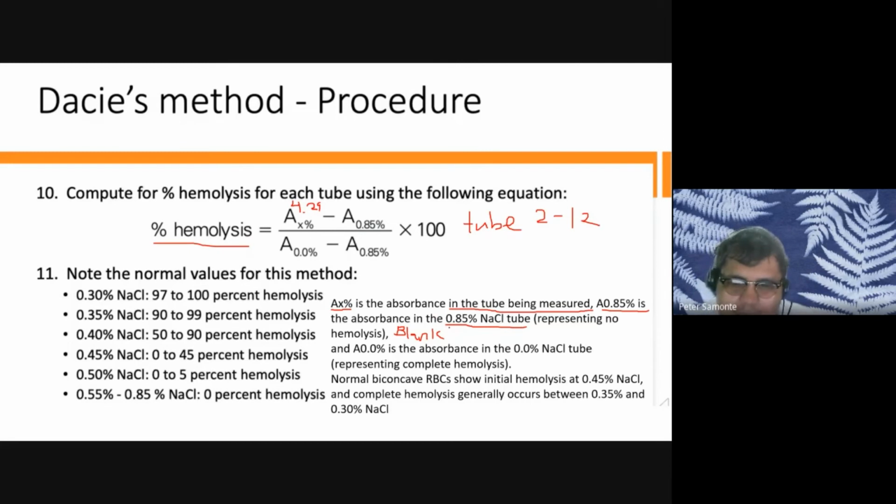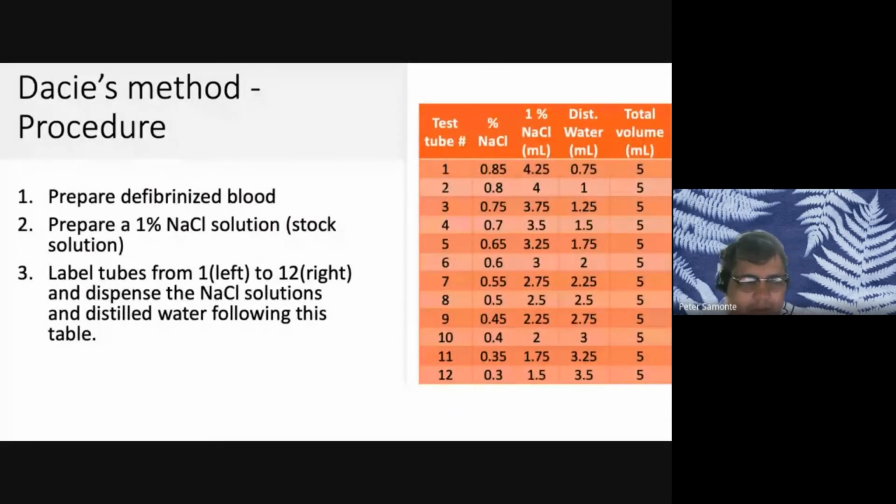Okay. Your 0.85% sodium chloride here, class, is what we call your blank. It would represent no hemolysis. Sir, why is there no hemolysis? Let's go back to the contents of your tube 1.